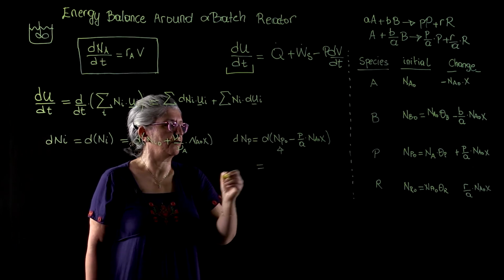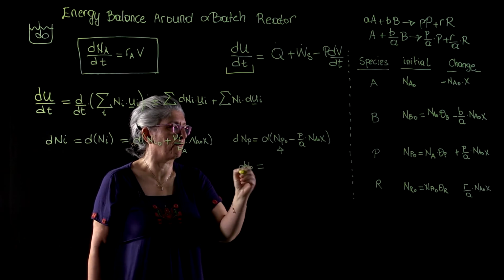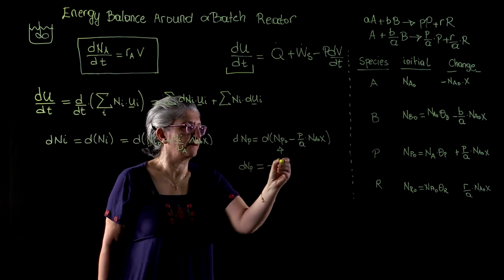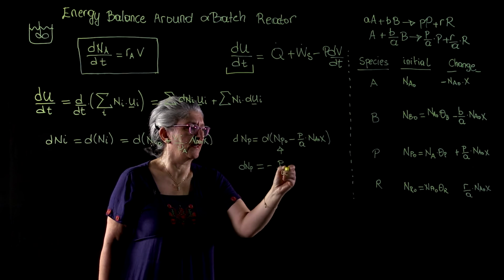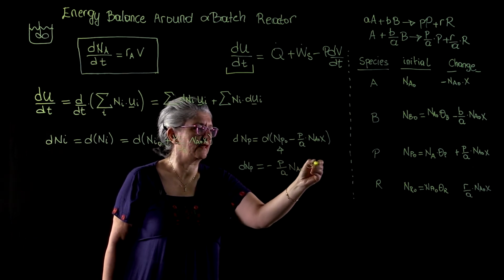It drops out of the equation, and dN_P becomes minus p over a N_A0 times dX.